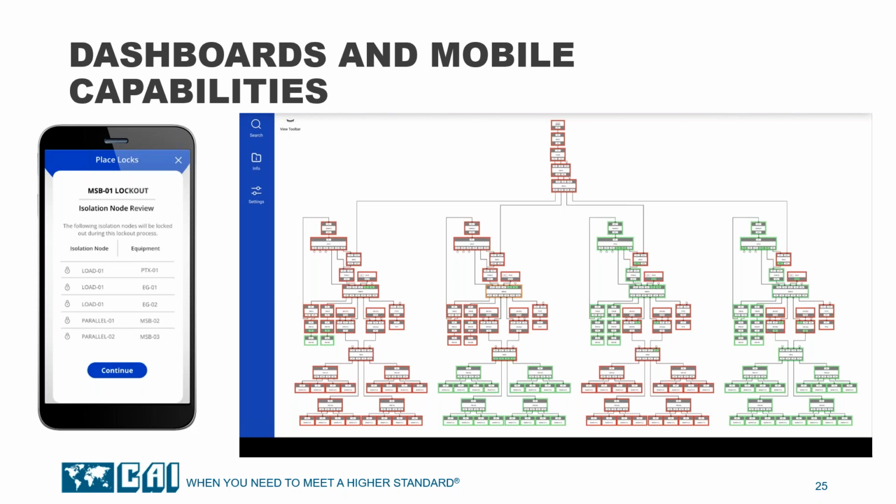If it's green, it's safe to work on, right? And it's safe to work on because we've identified the nodes, we've executed the lockout, and we've done our live testing, and all of that was done and tracked and auditable directly in the mobile application on the phone. So I thought this was a really good graphic to show live data from a data center on what's safe and what's not safe to work on. But what are the results in this particular case?